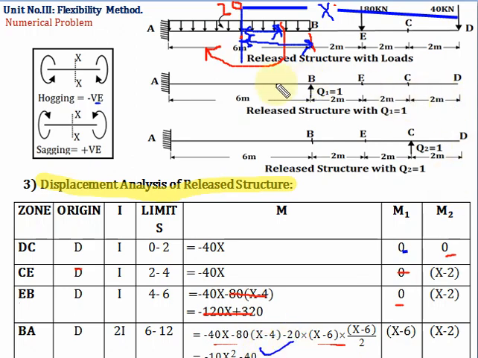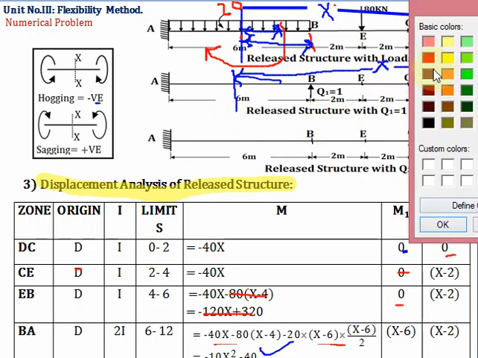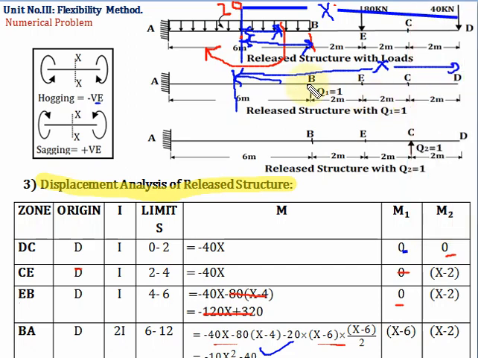Now we'll take the section here in portion and we'll measure this x from D point. Now we'll take this. Due to this Q1, the nature of bending moment will be sagging, so it is plus.